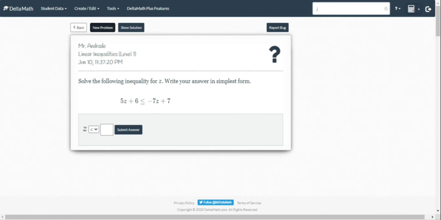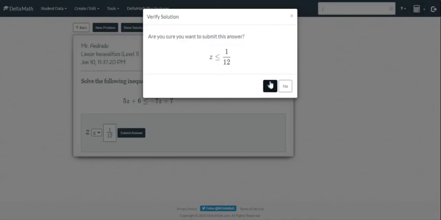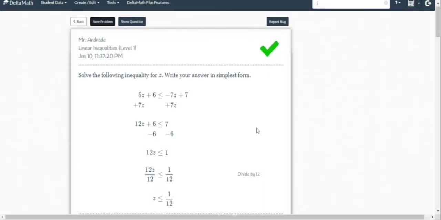So that means z is going to be less than or equal to 1/12. So we're going to pick less than or equal to. We're going to go to 1/12. And there we have it.